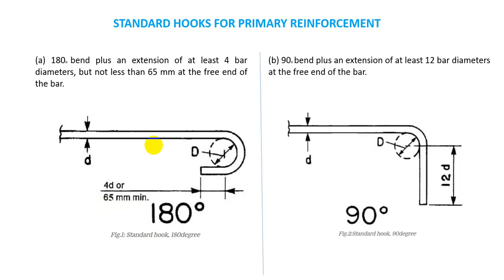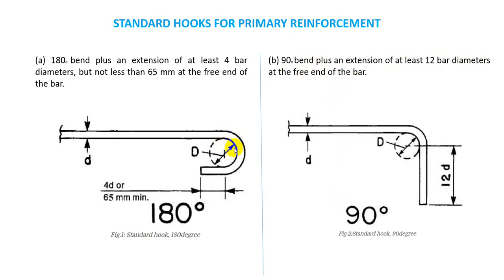Then when we use a 180-degree bend, we have to use that condition. But when we use a 90-degree bend, then the bend plus an extension of at least 12 bar diameters at the free end of the bar.